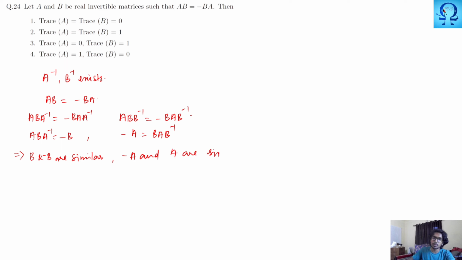If we have similar matrices, then their trace as well as the determinant are equal. Since the options are about trace, trace of B is the same as trace of minus B, which tells us that trace of B is 0. In a similar way, we get trace of A is equal to 0. Option 1 claims the same.